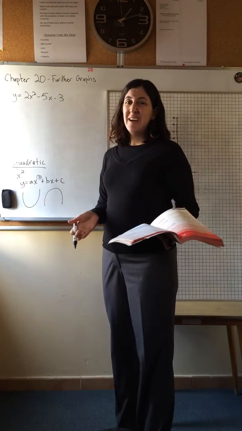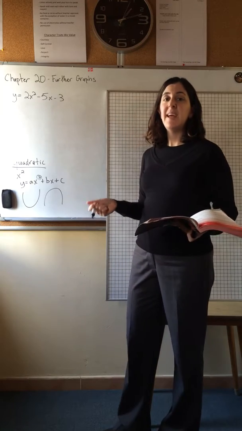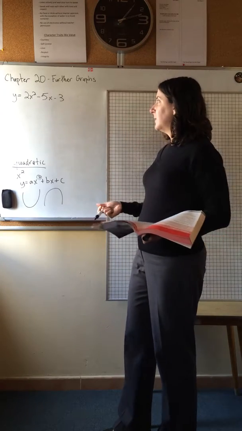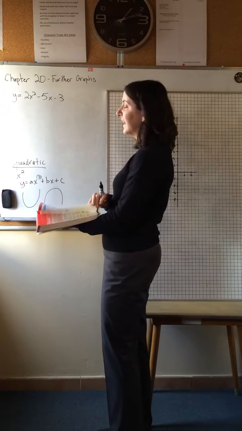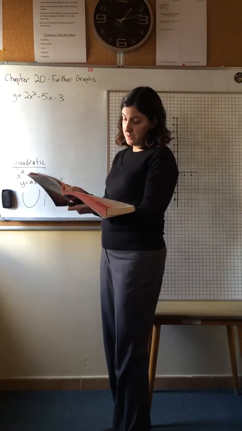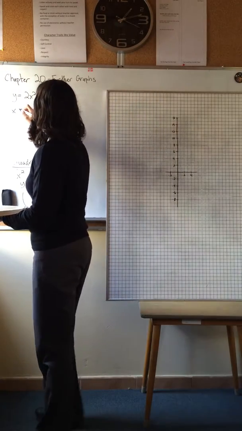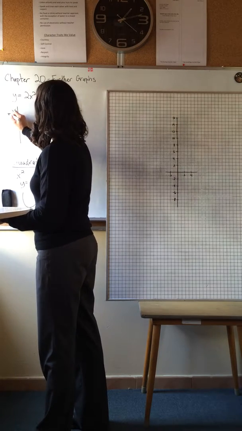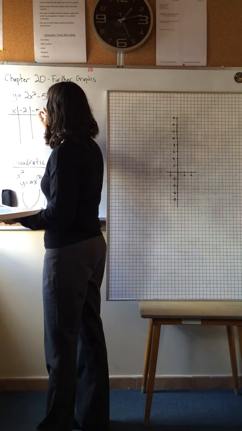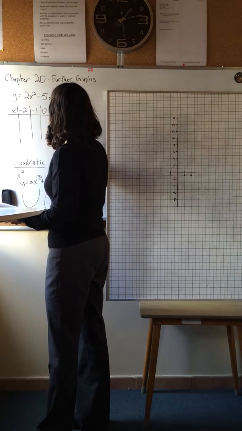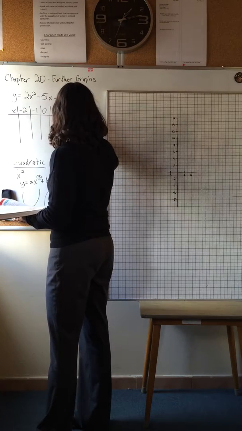So the question is, how do we find the points to plot? The way that we're going to do this is to make a table. That's the easiest, most straightforward way. They give you the x points, -2 to +4, so I make a table of that. Along here we can put our x points: -2, -1, 0, 1, 2, 3, and 4.